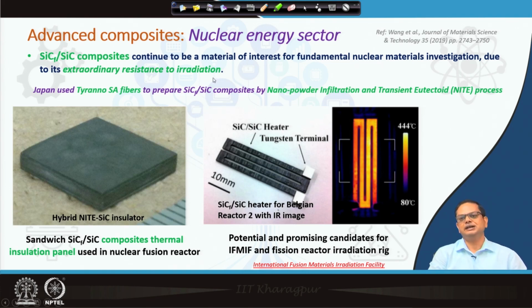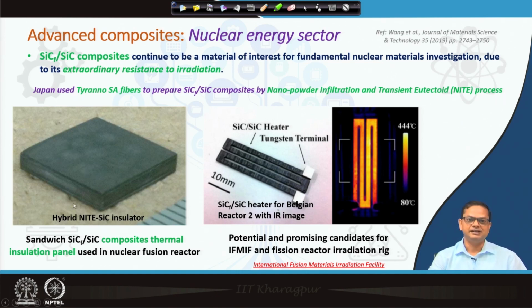We need materials which can withstand high temperature and have fairly good strength at extremely high temperature. Along with that, they also should resist the irradiation which happens in any nuclear energy sector, nuclear plants. And SiC composite material comes in handy in those applications.